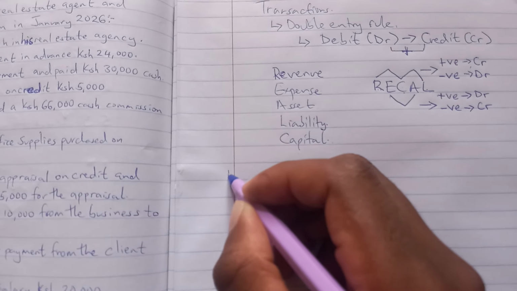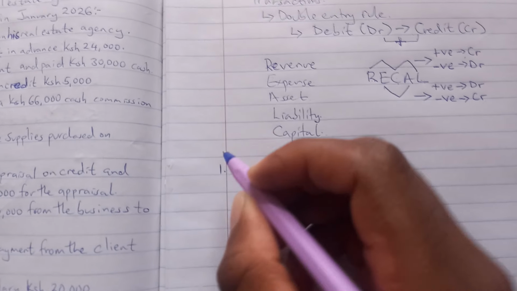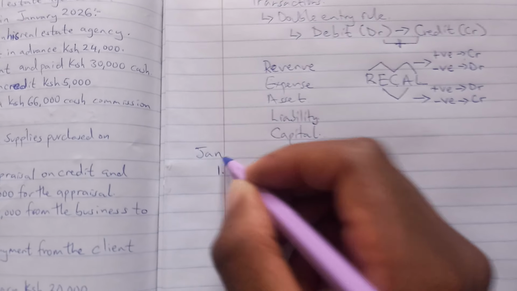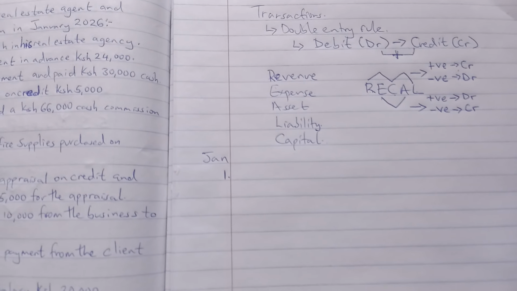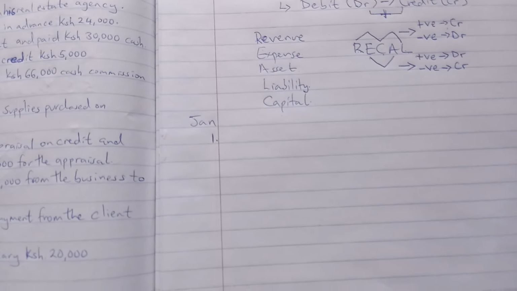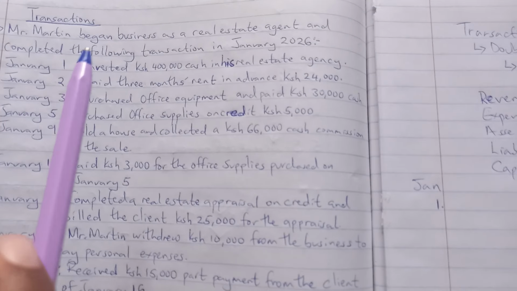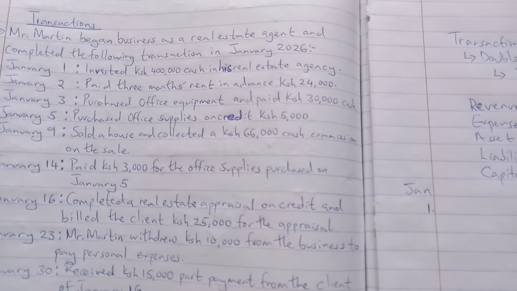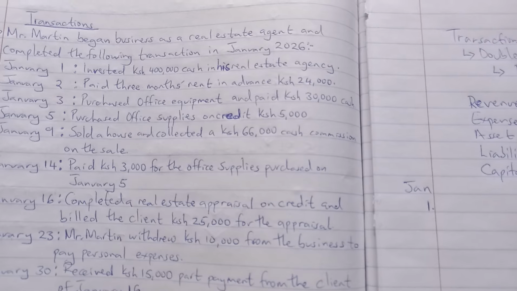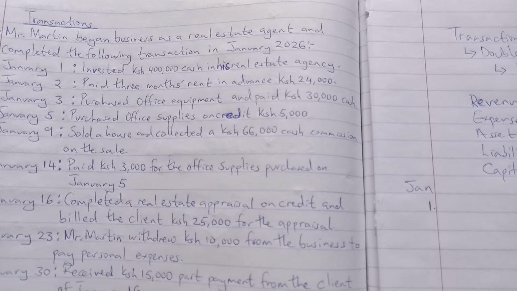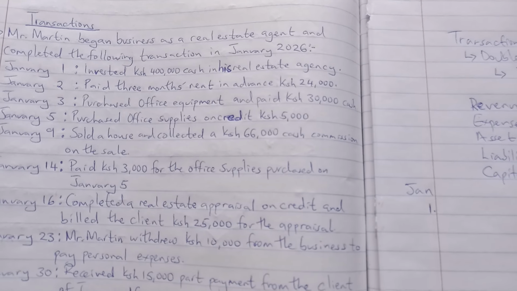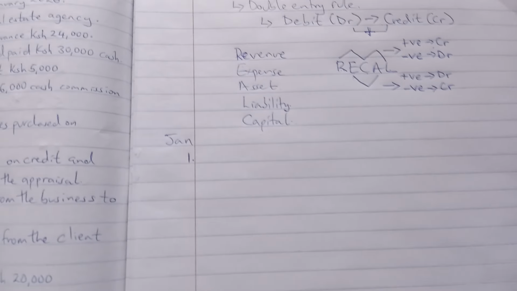So here our January 1st transaction: we are being told already he invested 400,000. That transaction has two accounts, and one of them we will debit and one of them we will credit.